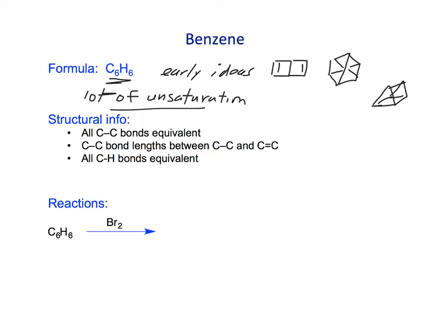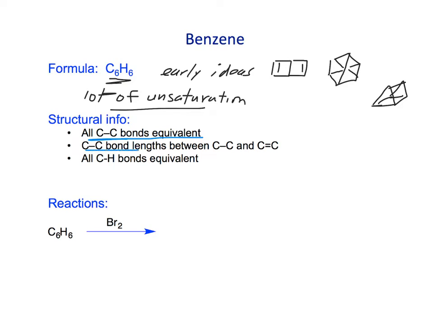But then we start to put in some more data here, and some of the information that was gained is that all of the carbon-carbon bonds in benzene are all equivalent to one another. Okay, so we can rule out some of these, at least the one on the left. The other 2, I don't know about that middle one. I just can't imagine it yet. The one on the right looks like they're all basically about the same.